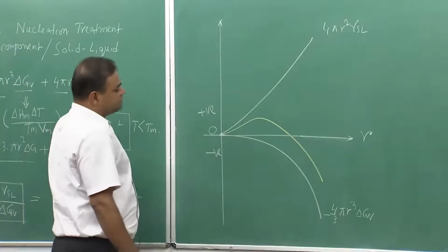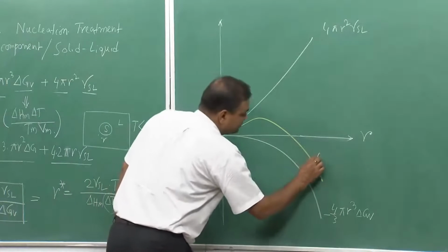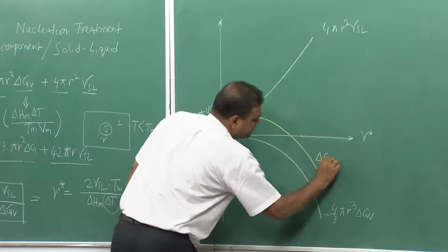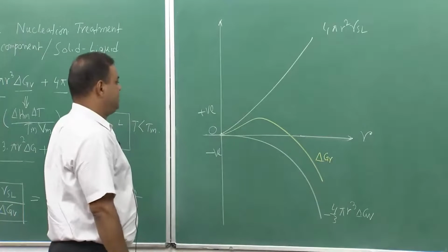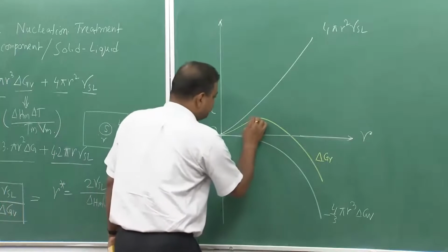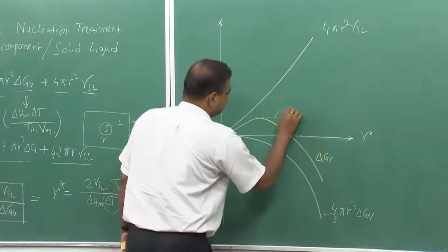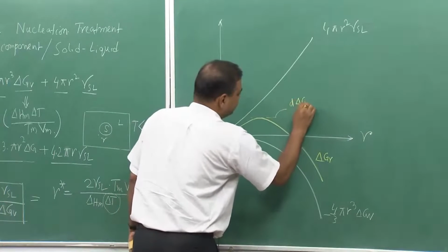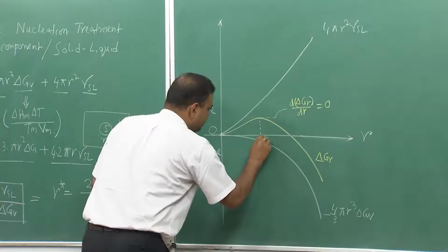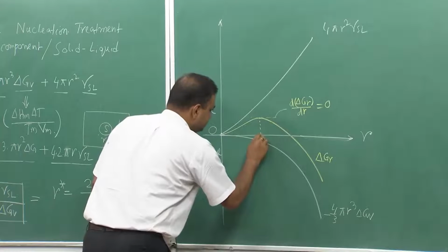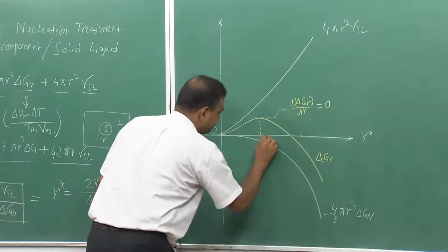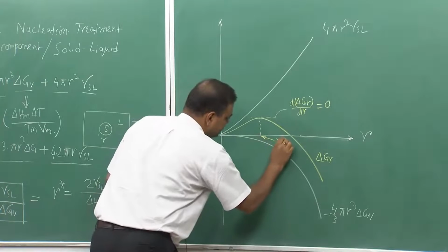Now, there is an interesting thing. This is my delta G_r variation, and at this point the slope is equal to 0. Corresponding to that point, this would be my r star.